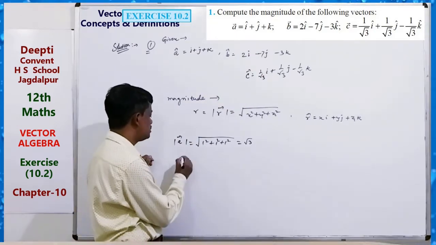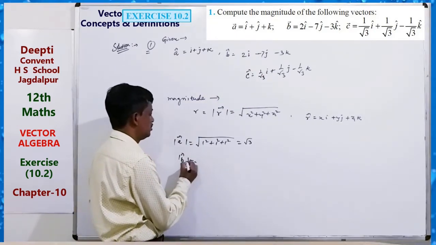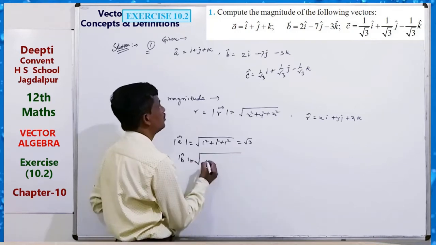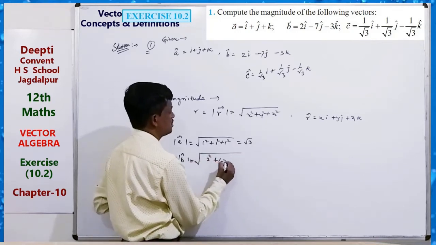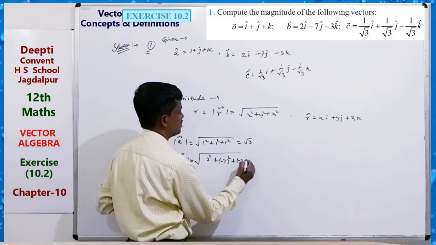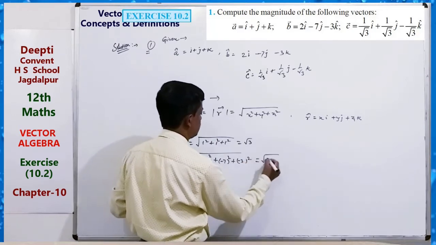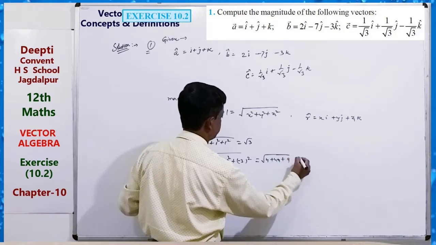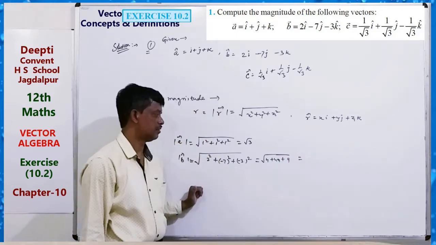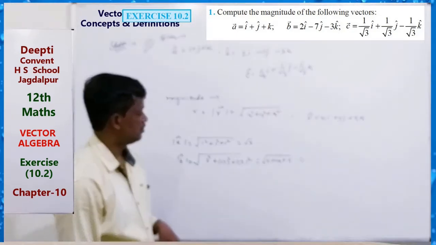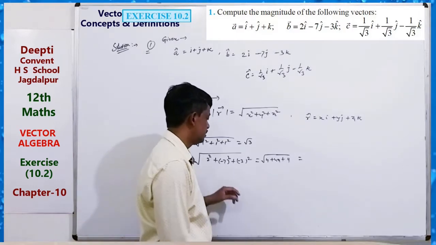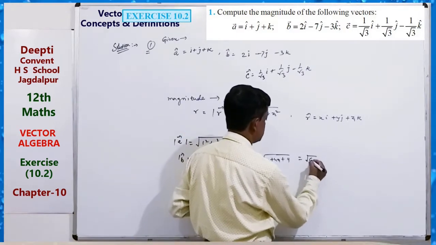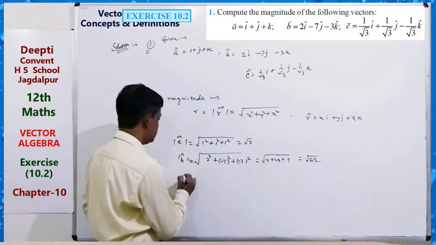So magnitude of b is root of 2 square plus minus 7 square plus minus 3 square. That is 4, 49, 9, so root of 62.